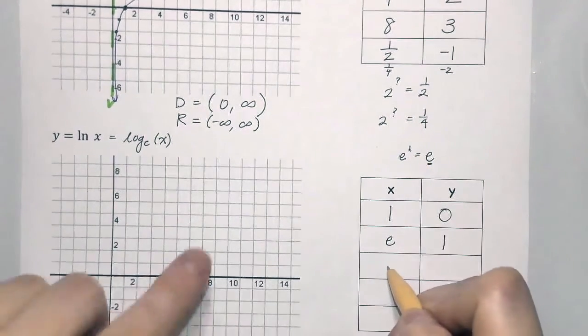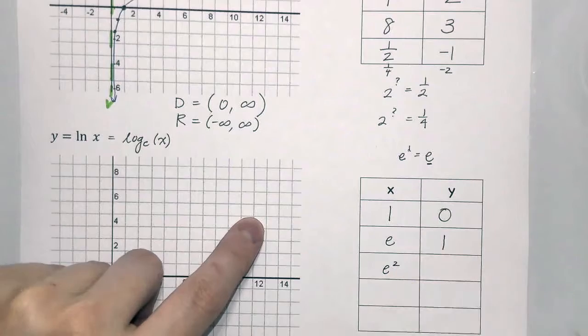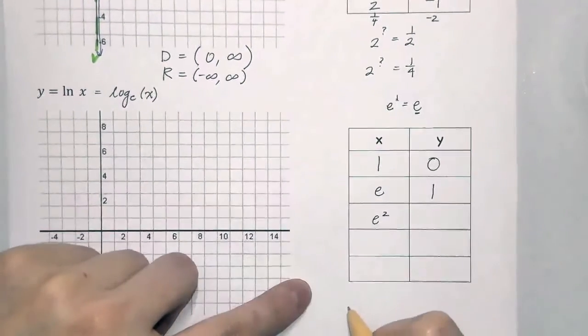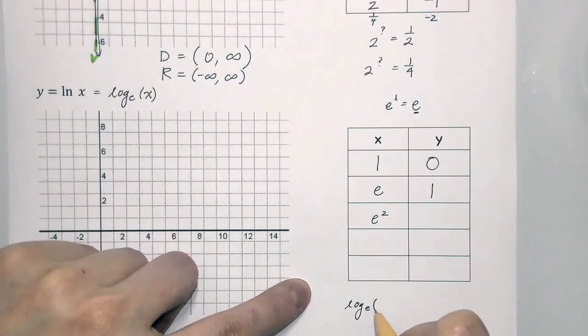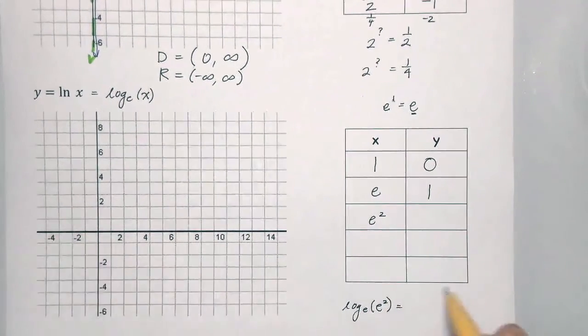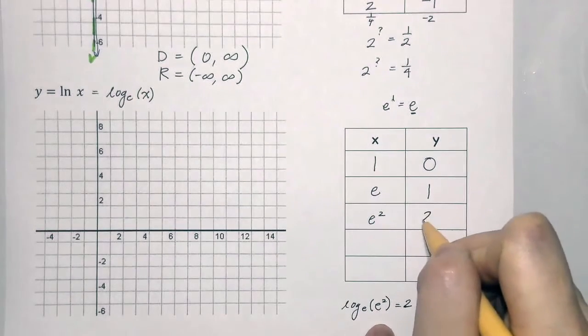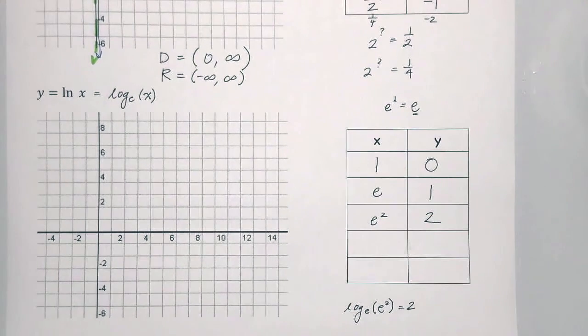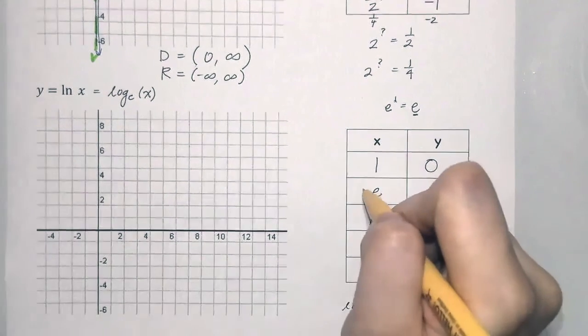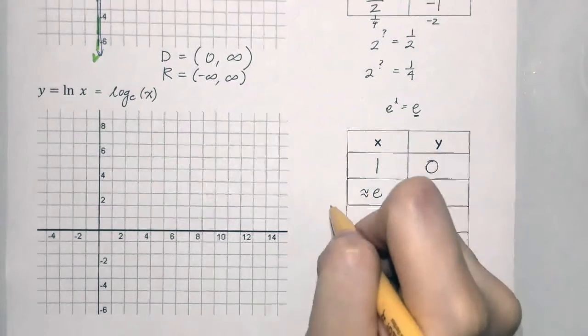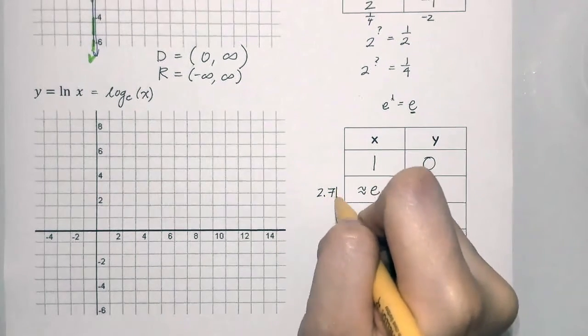Then I can also plug in e squared. That's when you have log base e of e squared. So what exponent raised to a base e will give you e squared? That's going to be 2, so then the y value would be 2. And let's plot these points. The value of e is approximately 2.718.